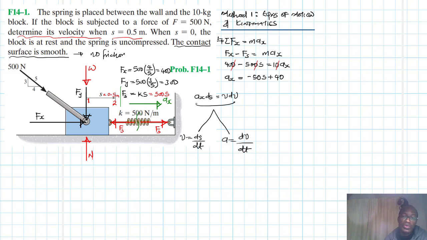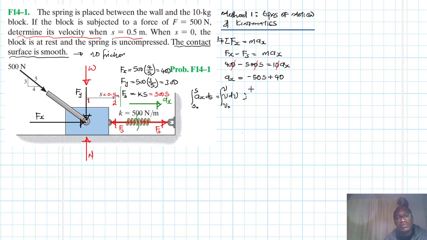And from these two equations, if we make dt the subject of the formula, then we arrive at this particular equation. All right, great. We are using this equation because our acceleration is not constant, so we are going to integrate this from s naught to s, v naught to v.